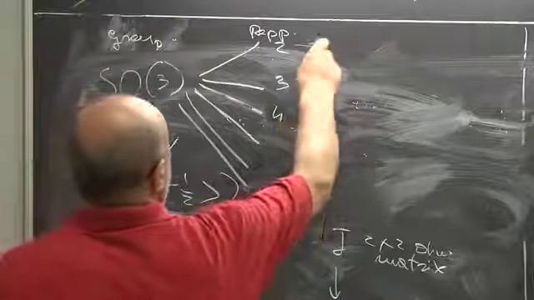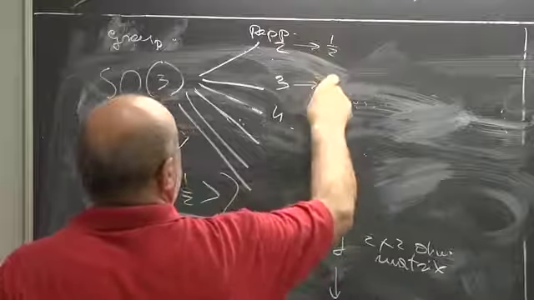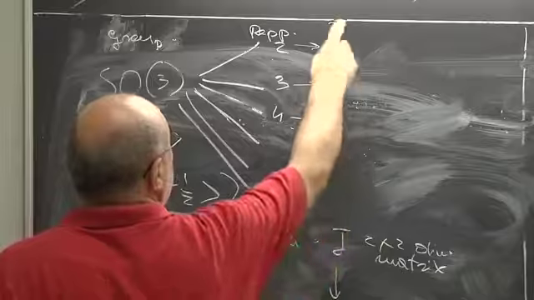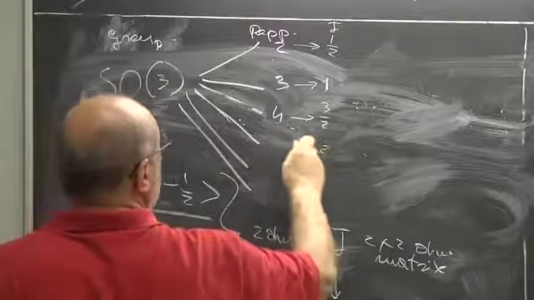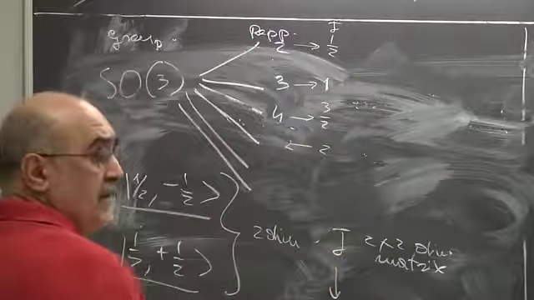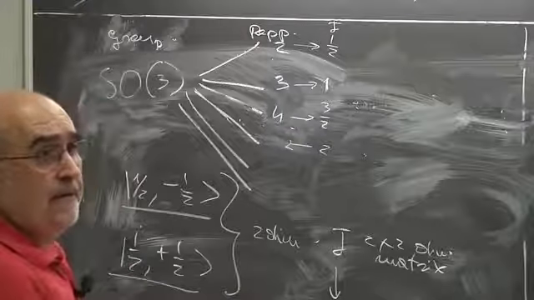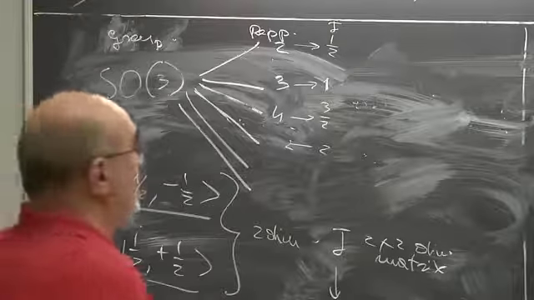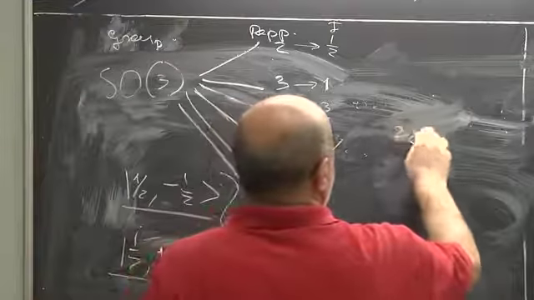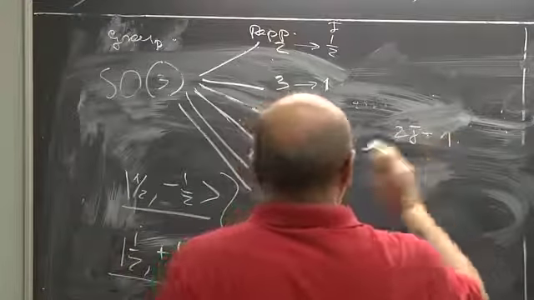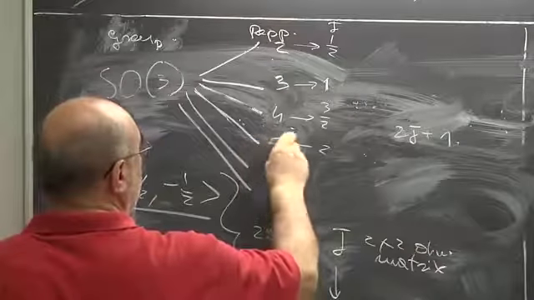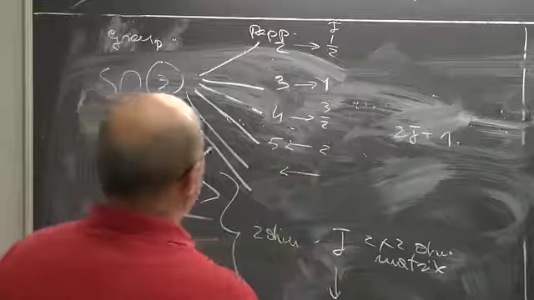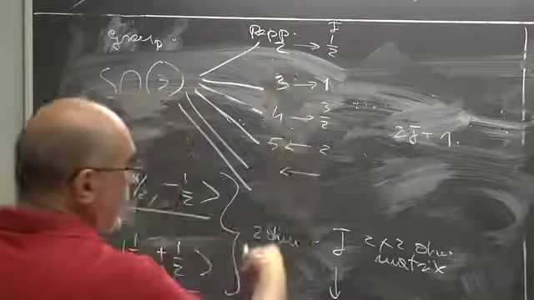So, these correspond to j equal 1/2, this corresponds to 1, this corresponds to 3/2. Then I have 2, and how many dimensions? 2j plus 1, so 5, sorry. I also should redo quantum mechanics. Don't tell Thomson, okay? And you go on like that.